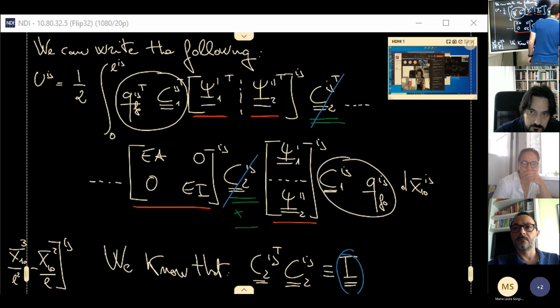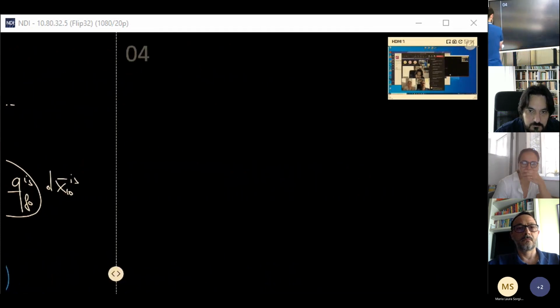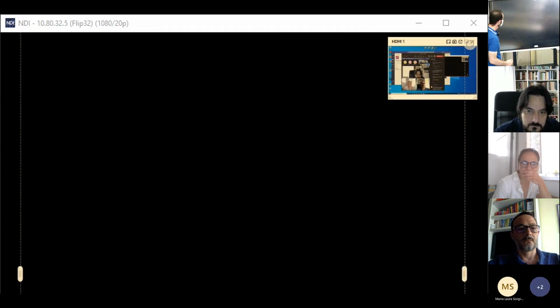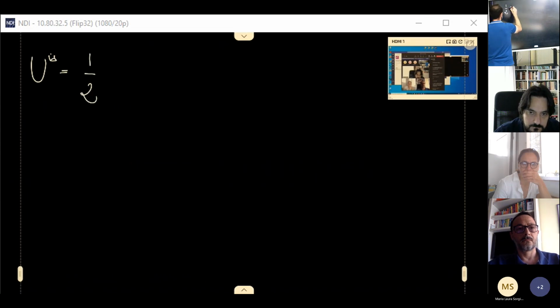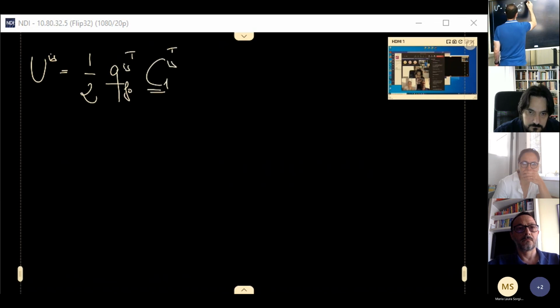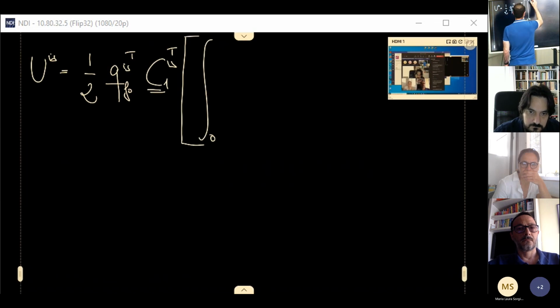Okay? So if you rewrite all of these equations, just putting outside the quantities which are not dependent on space and canceling out the matrices which are orthogonal, you eventually get the following. Of what?